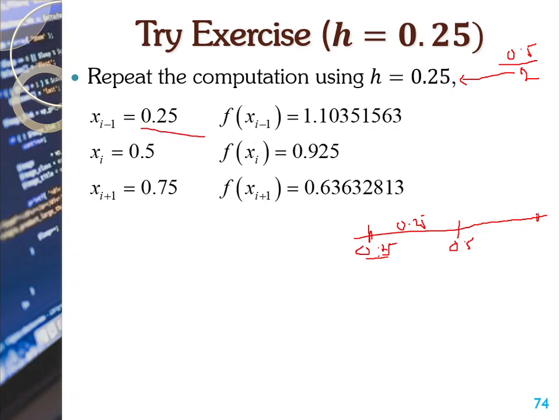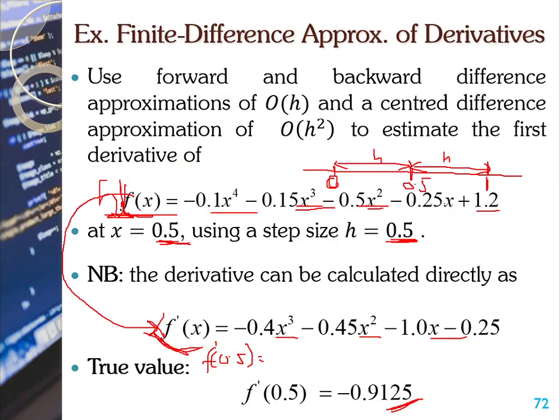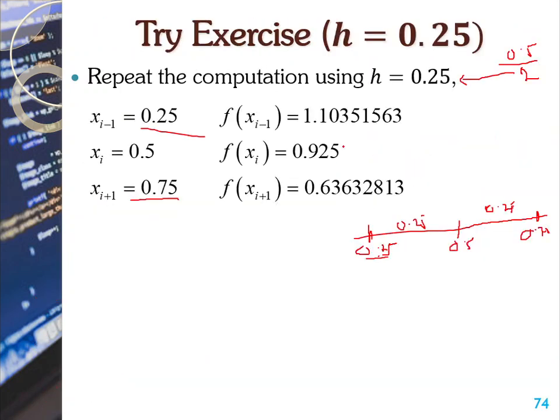Now for our future or forward value, it will be 0.5 plus our step size of 0.25, which gives us 0.75, as we have right here. To calculate the functional evaluation, we place these into the formula. For the present value we are getting 1.103 something something, and it maintains the same since the present value did not change. And for the future value, the functional evaluation is now equal to that.